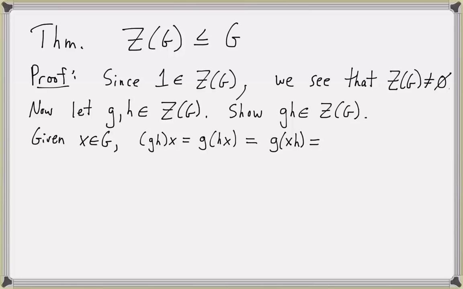Again, by the associativity of G, we see that this equals the product gx times h. And since little g is in the center of G, we can commute g with x, so this equals xg times h, and therefore gh times x equals x times the product gh.